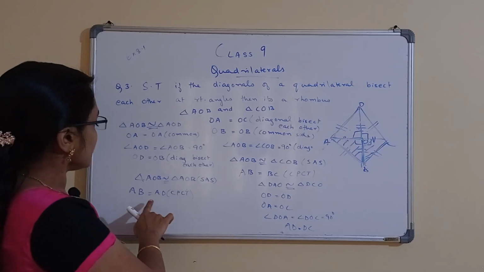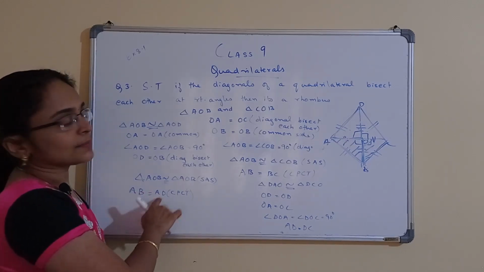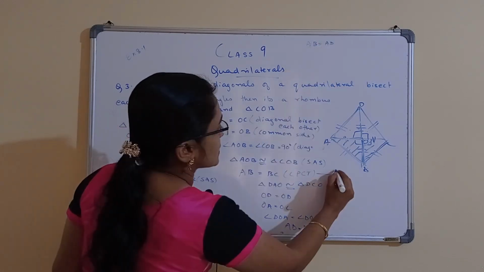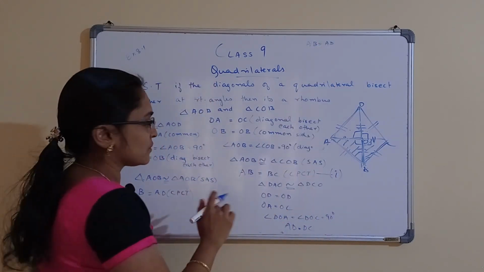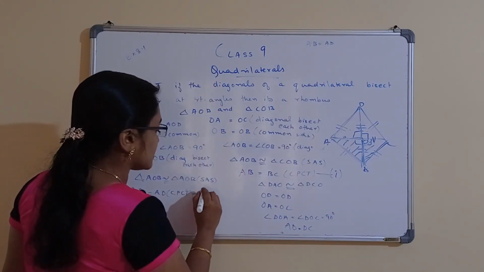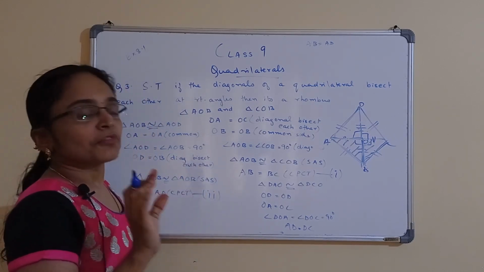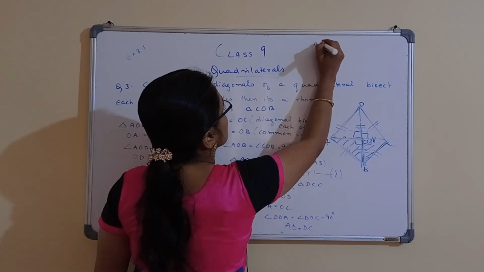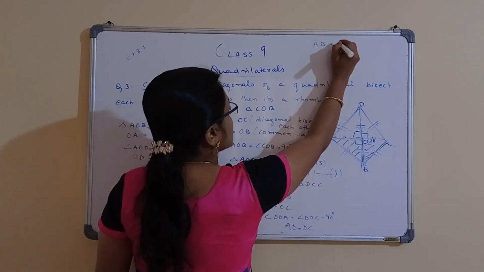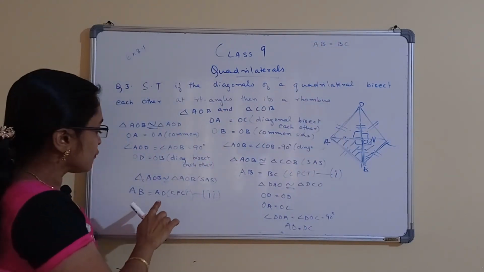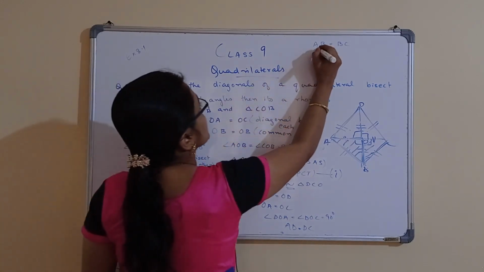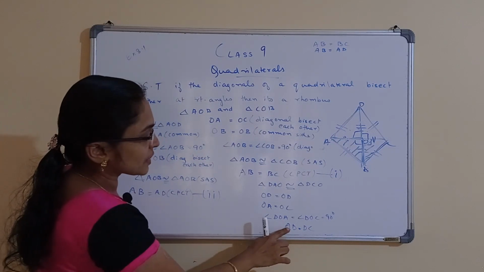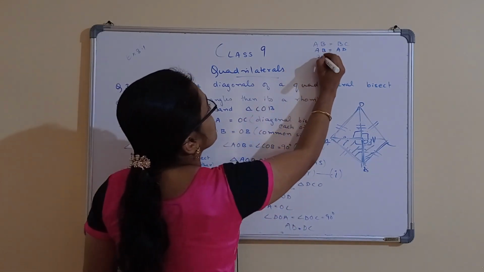Now from the first part that we have solved, we have AB is equal to BC. From the second, AB is equal to AD, and from the third, AD is equal to DC.